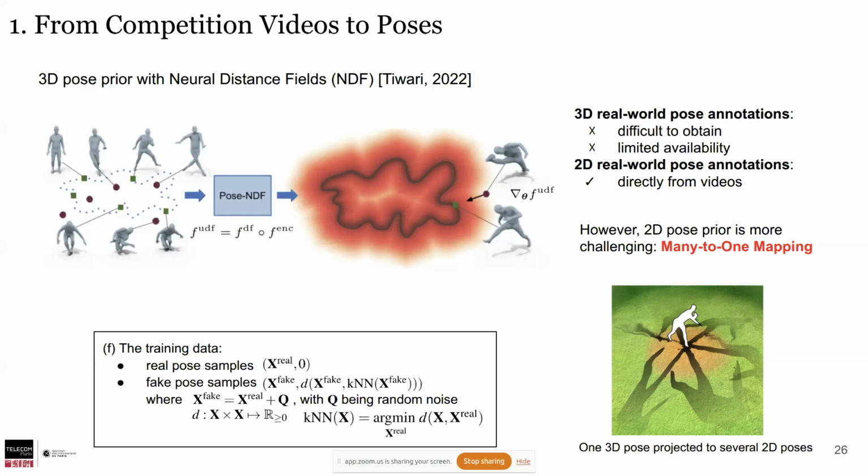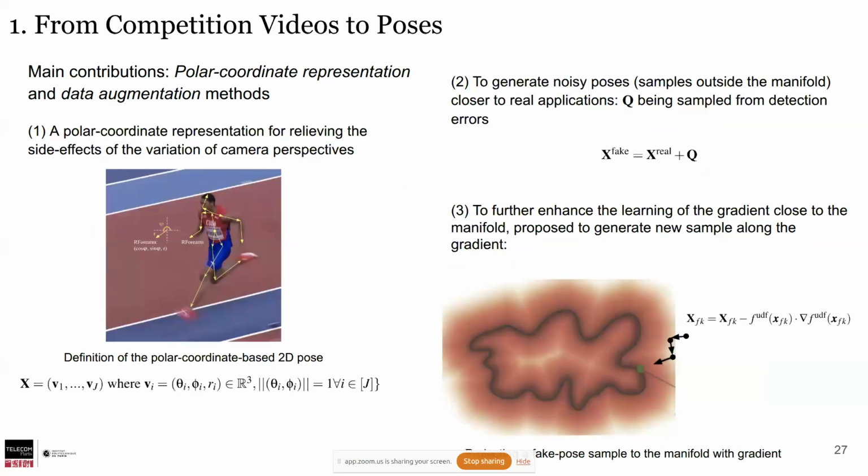So we studied 2D pose priors so that we have more data for training sports poses. However, a 2D pose prior is more challenging because one 3D pose can be projected to many 2D poses, actually infinite ones. So the main obstacle of this approach is that we need to address the data efficiency problem.